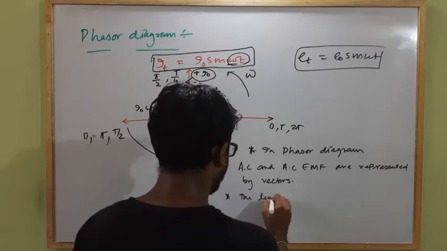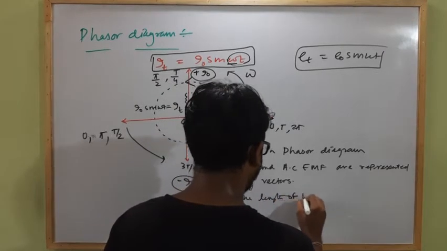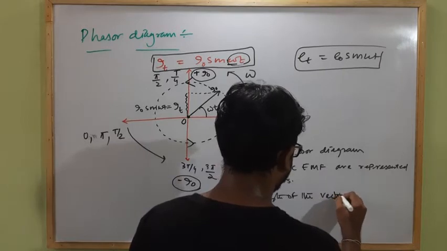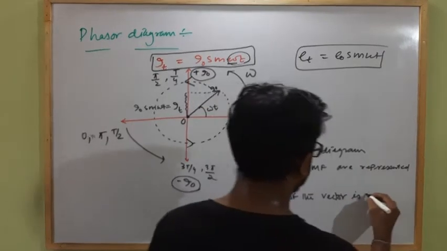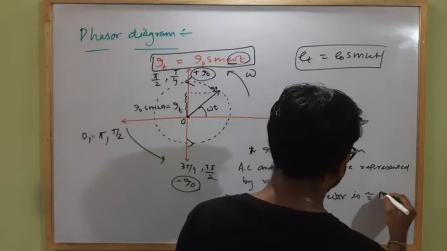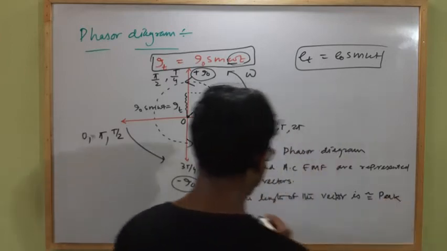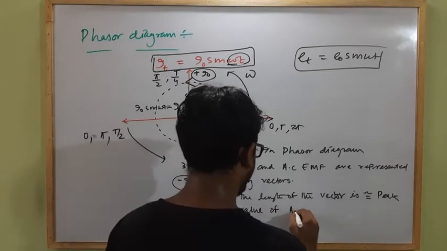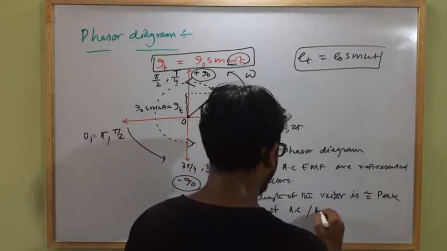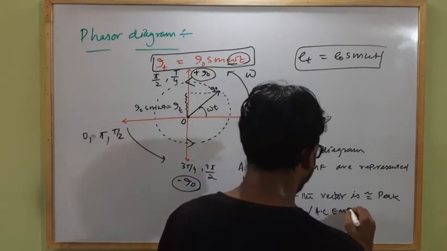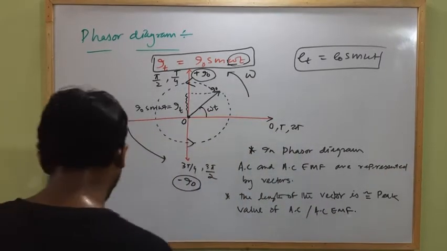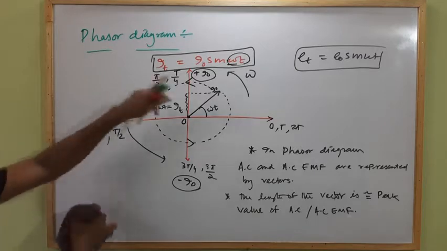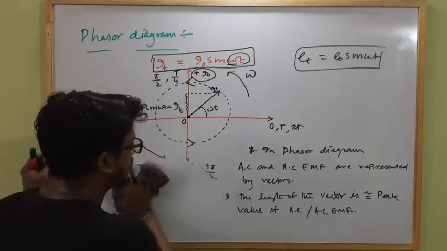The length of the vector is equivalent to the peak value of alternating current or alternating EMF. Clear? Next point, you have to remember this figure.